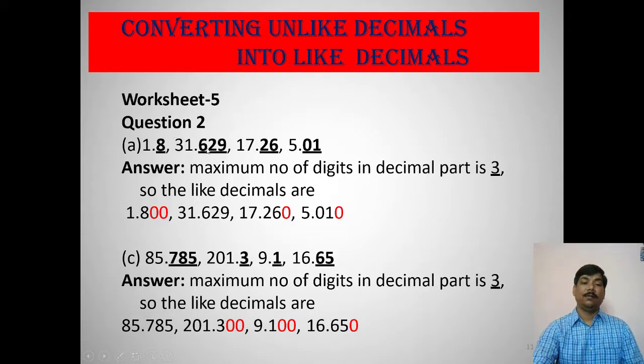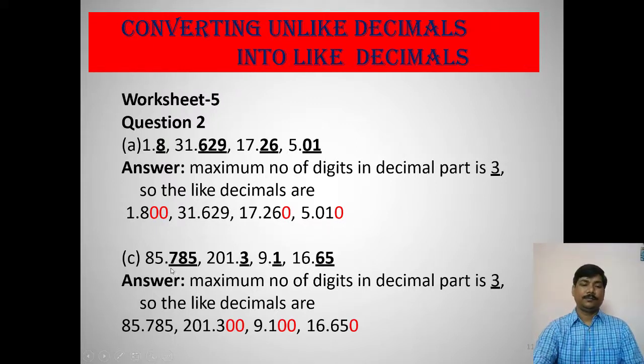That means we have to make 3 digits in the decimal part by writing 0 behind it. For example, 1.8 has one place, so we add two zeros to make 3. In 17.26, there are 2 digits, so we add only one 0. In this way, now the number of digits in the decimal part is the same.